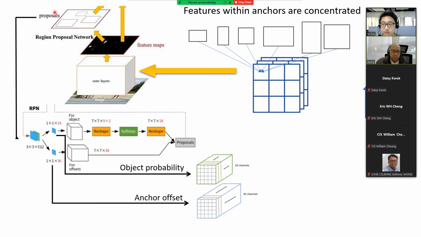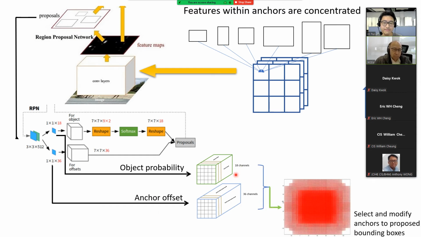Then it goes to the region proposal network. The region proposal network does one by one convolution, and we have two rows. The first row gives the probability of whether that anchor contains an object. The second does the offsets, which means we modify the anchor so it can fit the object position and size.